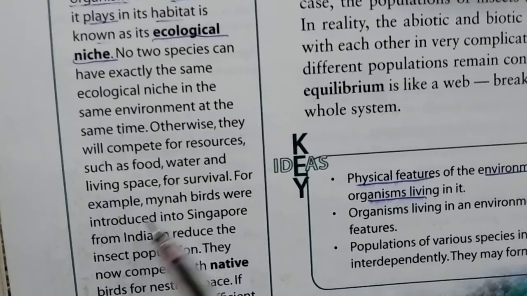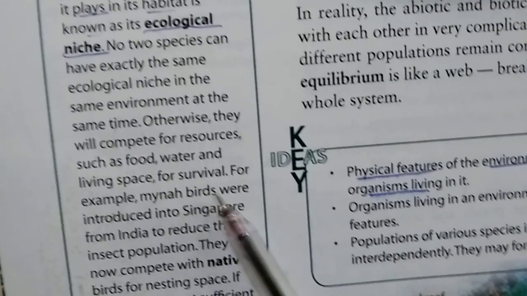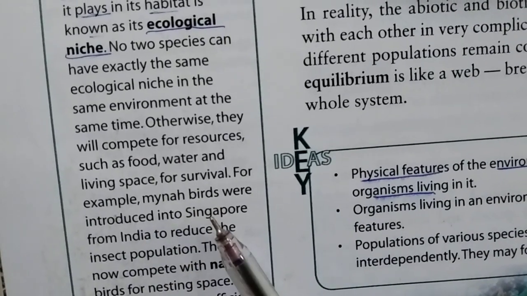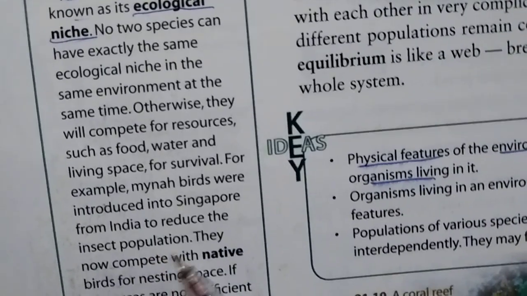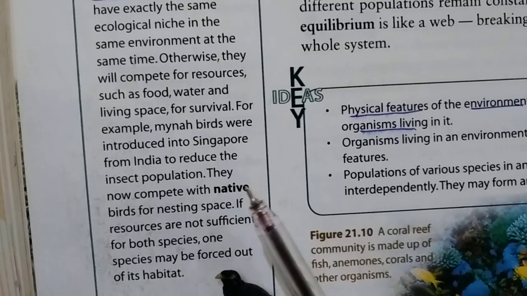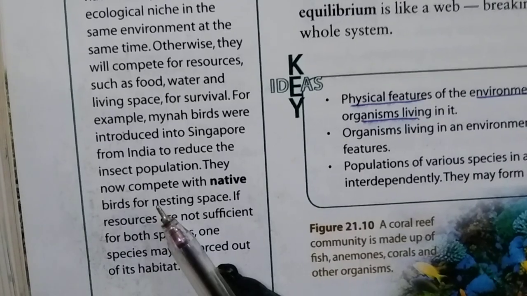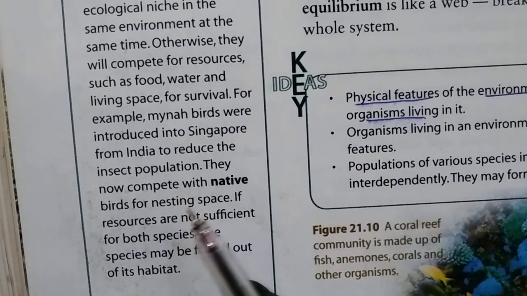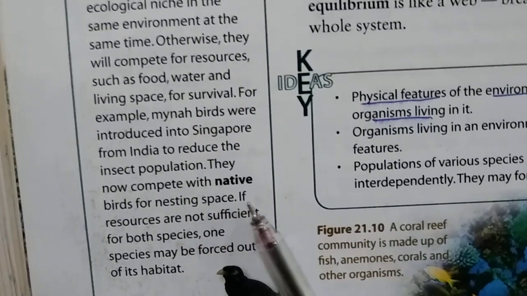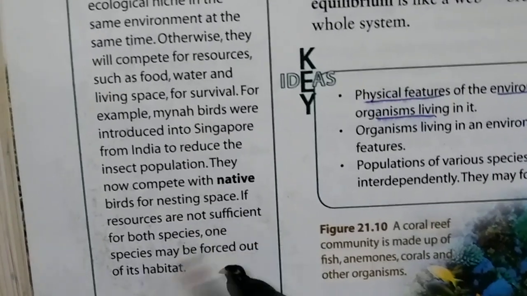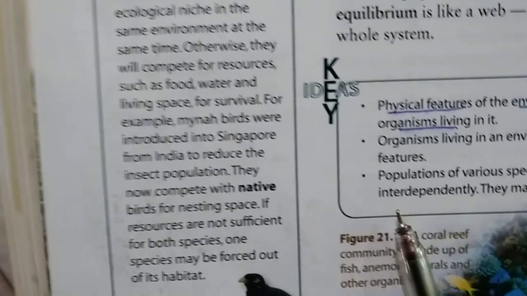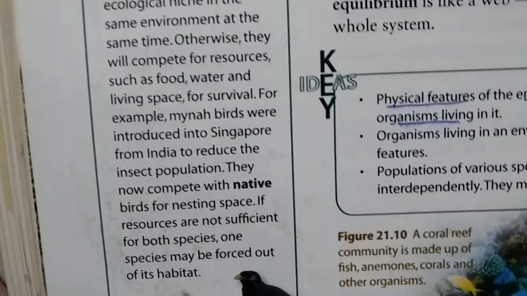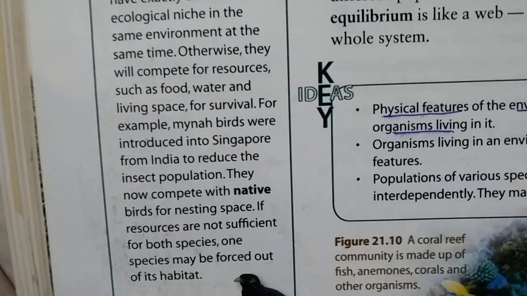For example, myna birds were introduced into Singapore from India to reduce the insect population. They now compete with the native birds for nesting space. If resources are not sufficient for both species, one species may be forced out of its habitat.